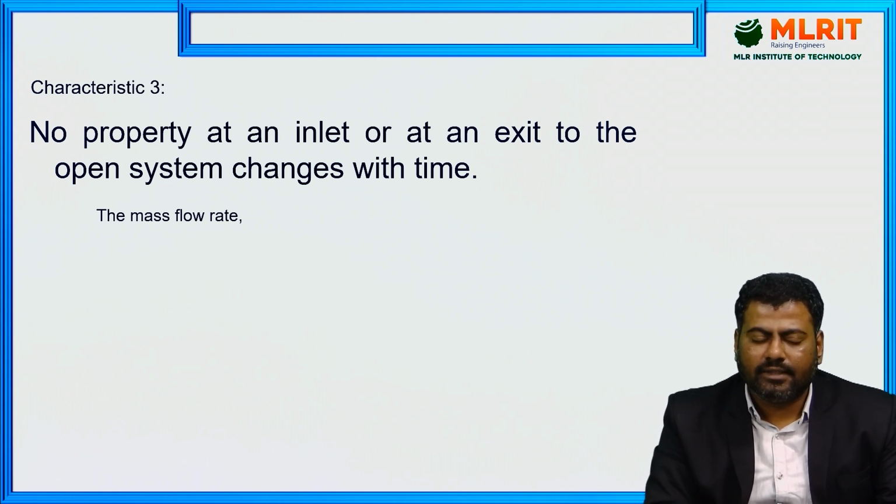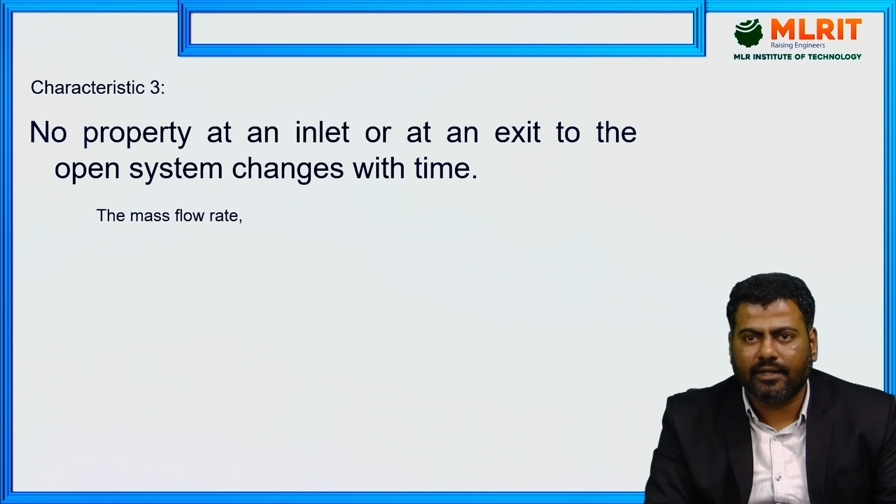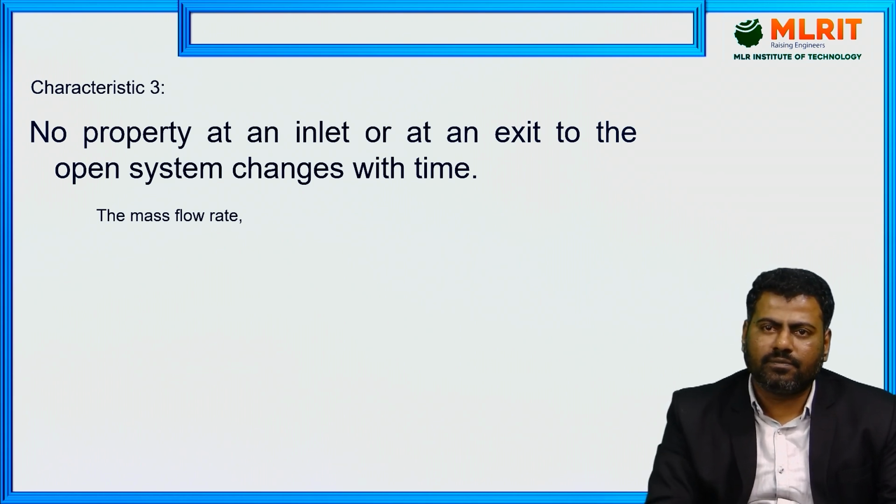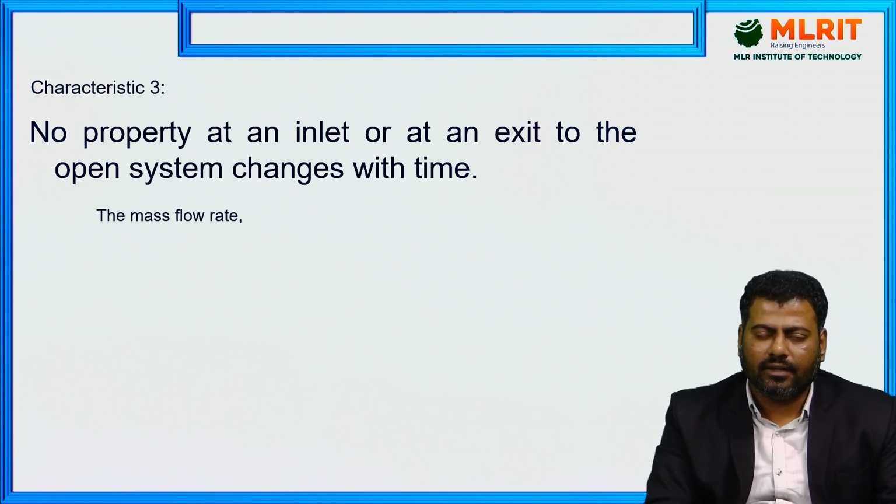Here, no property at an inlet or exit of the open system changes with time. There I mentioned only volume, mass and energy. Here, with respect to the inlet, we can also say the mass flow rate at the inlet. This is characteristic 3, right?